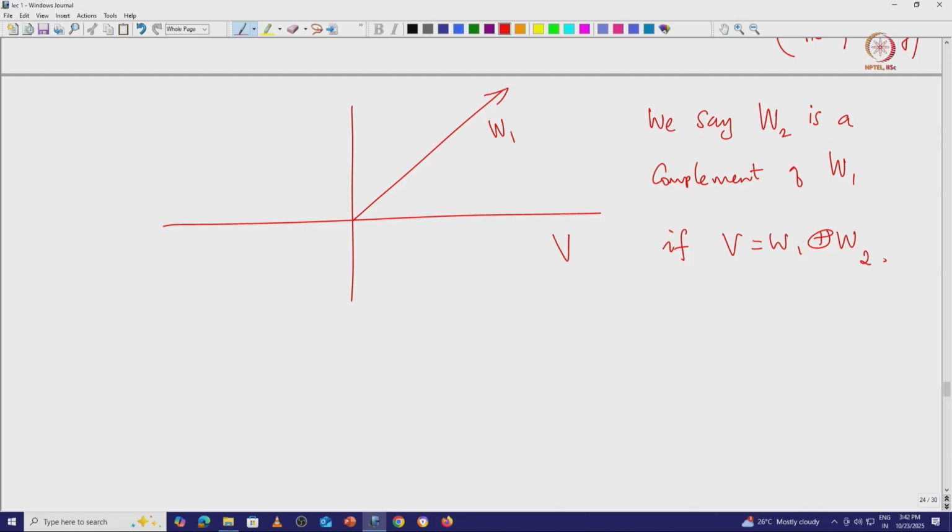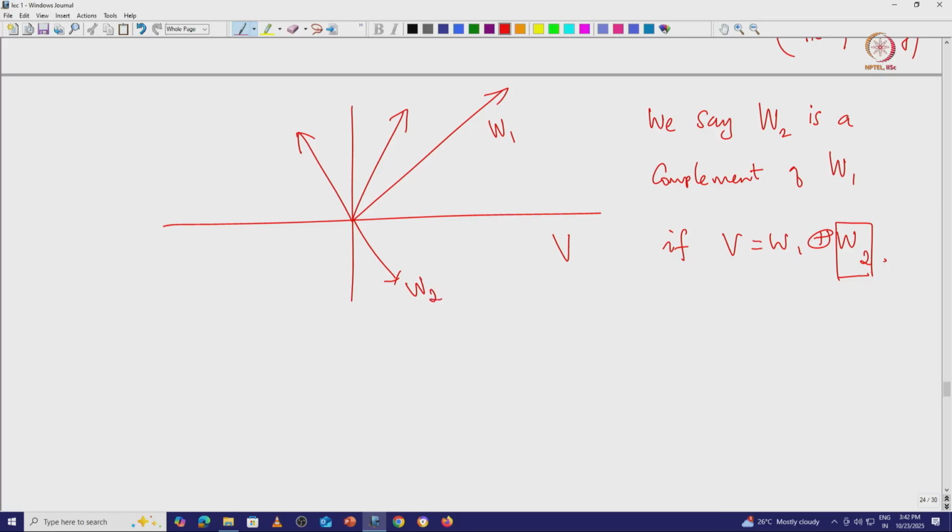Given W1, you can always choose a complement by extending a basis. For example, you can start with the basis of W1 and extend that to a basis of V. Then using that information you can form a complement of W1 in V. But there are many choices for this complement.